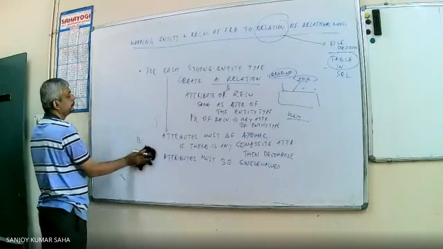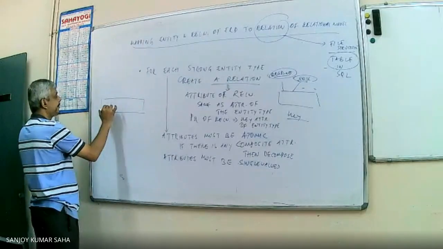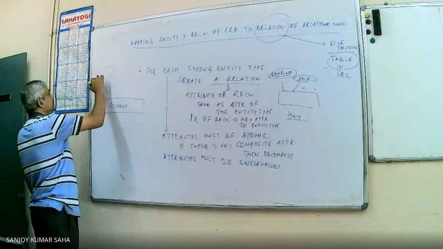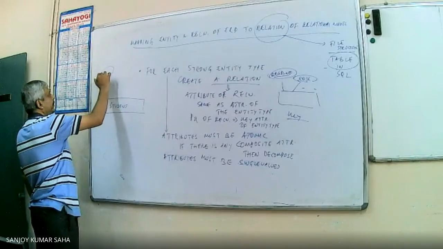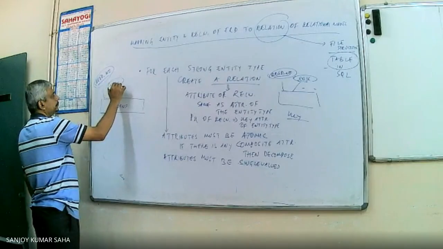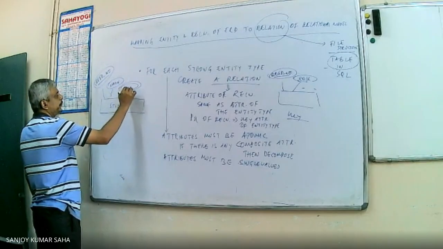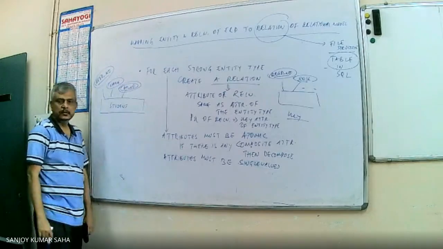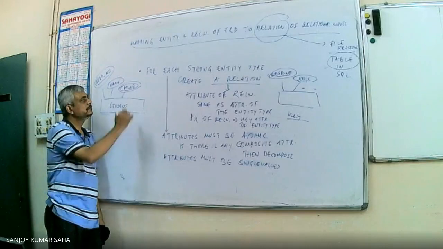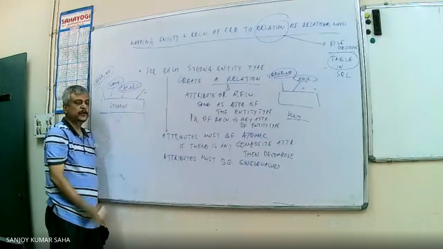Suppose say student, having registration number, name, say multiple phone numbers, and the other attributes. So there is a multi-valued attribute.